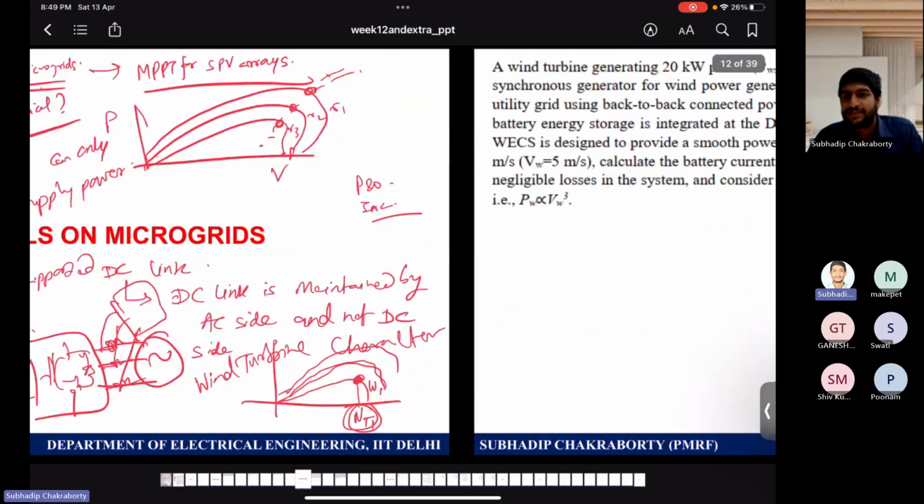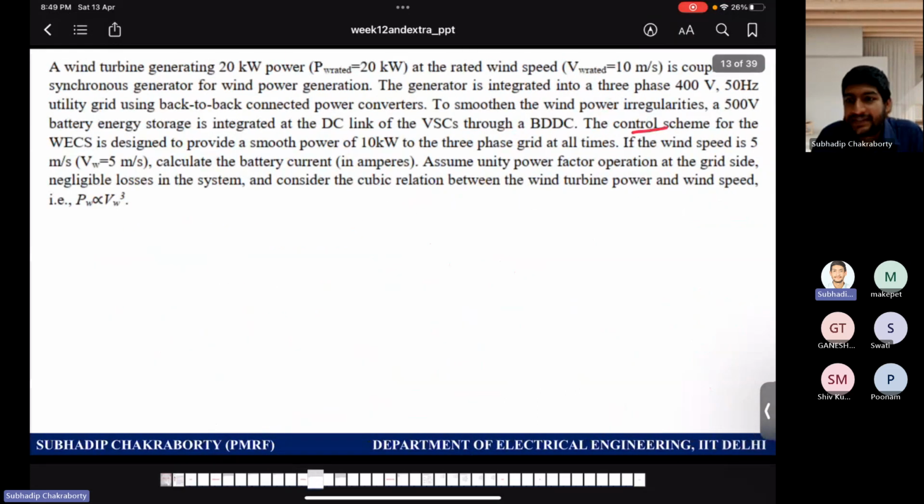Now read this question. These are very simple questions. Two questions, five minutes each. Okay. After that, we can stop. So read the question. Read carefully, okay?